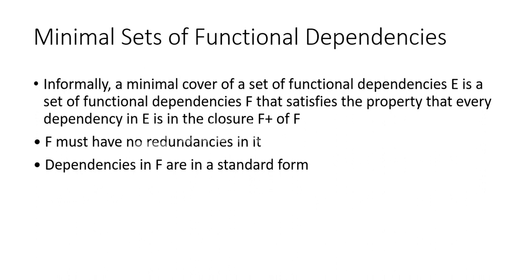A dependency will be something like X to Y, and the standard form or canonical form means the RHS contains only a single attribute. If the RHS has a single attribute, then that is known as a standard form of these dependencies.